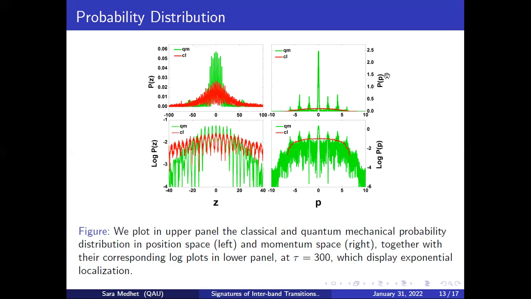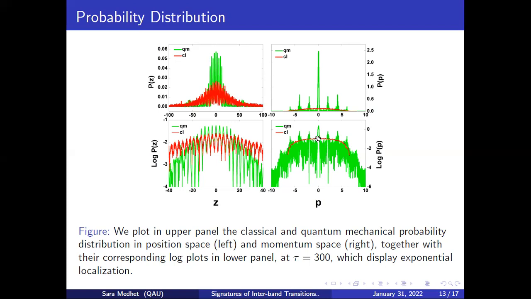Now, on the other hand, in the case of momentum space, classically it's a broad distribution, while quantum mechanically you can see that it's localized and has multiple peaks. To get a clearer picture, you can see the log scale plot, and here classically it is dispersive, while quantum mechanically you can see the peaks. The peaks here correspond to the band structure, the localization of the amount of population transferring to the next lattice site.